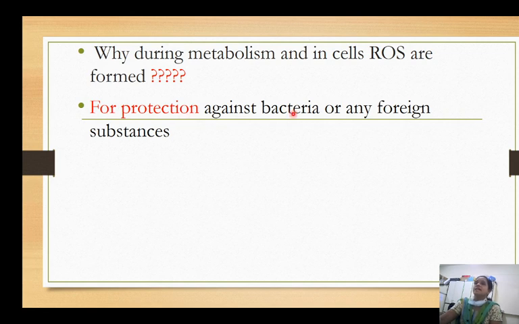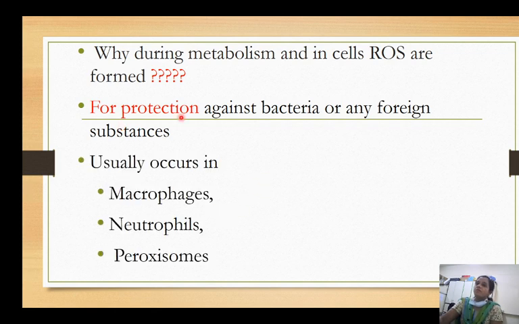For protection against bacteria or any foreign substances. To protect ourselves from bacteria, to have a bactericidal action so that the bacteria can be killed, and to protect ourselves from foreign substances, the body, though it is risky, produces reactive oxygen species.